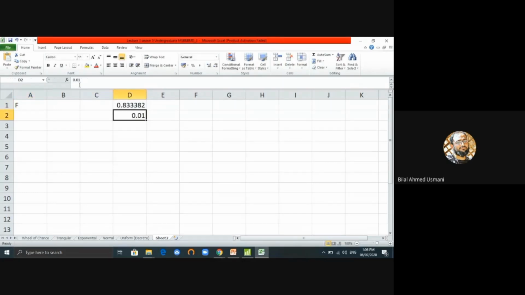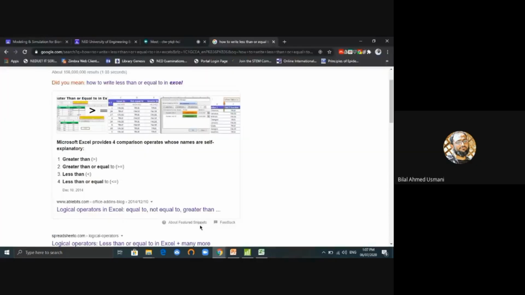Let's see what it is saying now. If 0 is D1 and 0.5 then true otherwise false. It's still false. This is the logical test. Let's see in Excel. I would do it anyway today, whatever it costs.